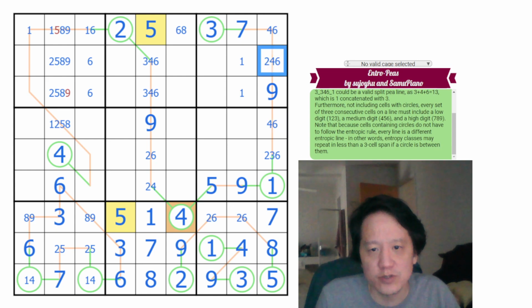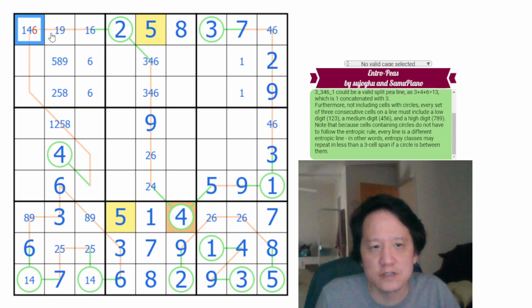So this has to be 2. This is 3, right, because of entropy. This is 4 or 6. So this is a medium. There has to be a medium here. So this has to be 8. Which means this is, so 1, 4, 6, 9.